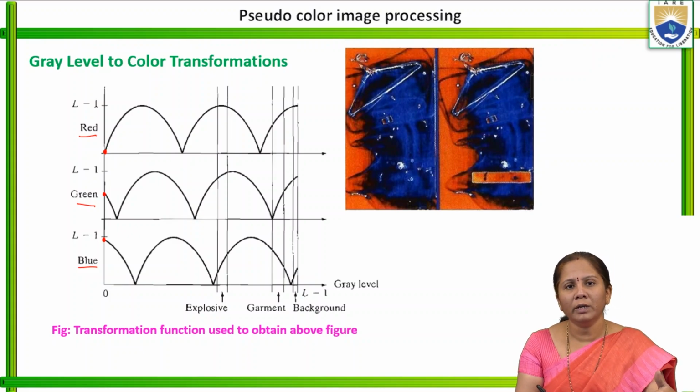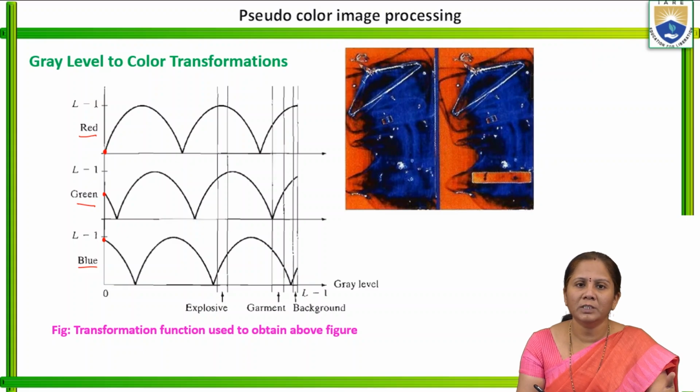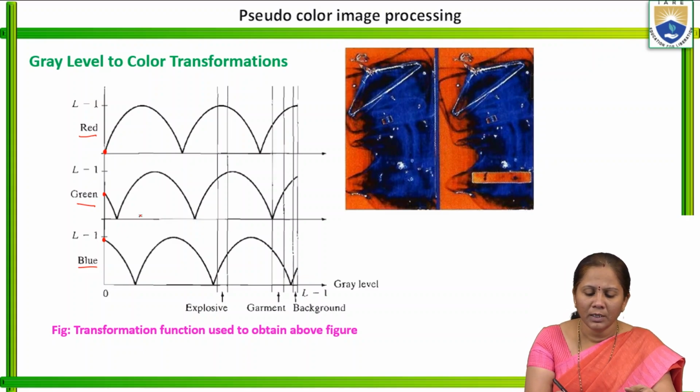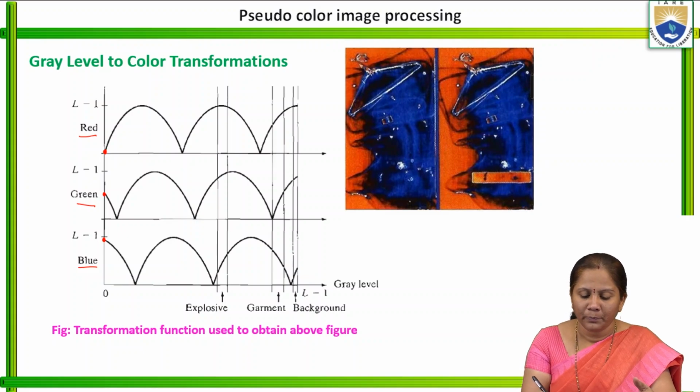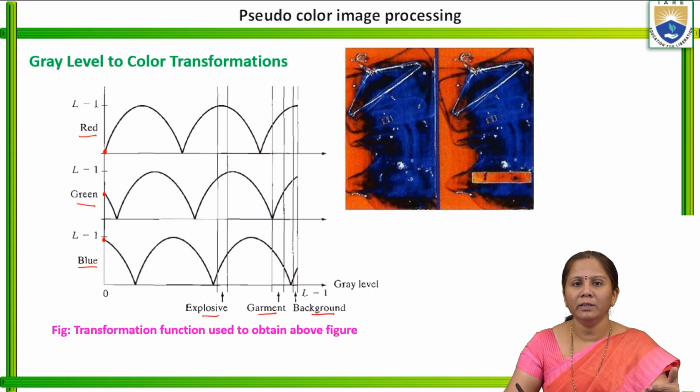If all three are in phase, then the output generated will not clearly identify or generate a clear color image. That's why we have taken the phase difference between the color transformations. The explosive device is inside the garment bag, and the background also should be represented to identify the difference.